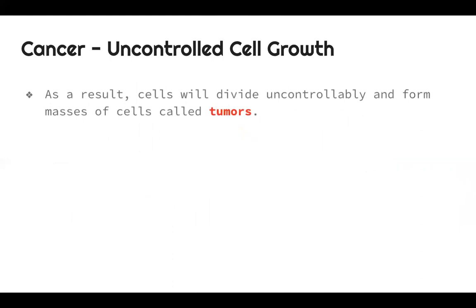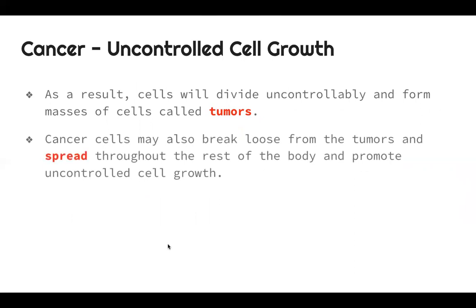So when a cell starts dividing uncontrollably, that's when a tumor is formed. Cells can also break off of that tumor and spread throughout the body, and this can promote uncontrolled cell growth, which means it can cause more tumors to form.